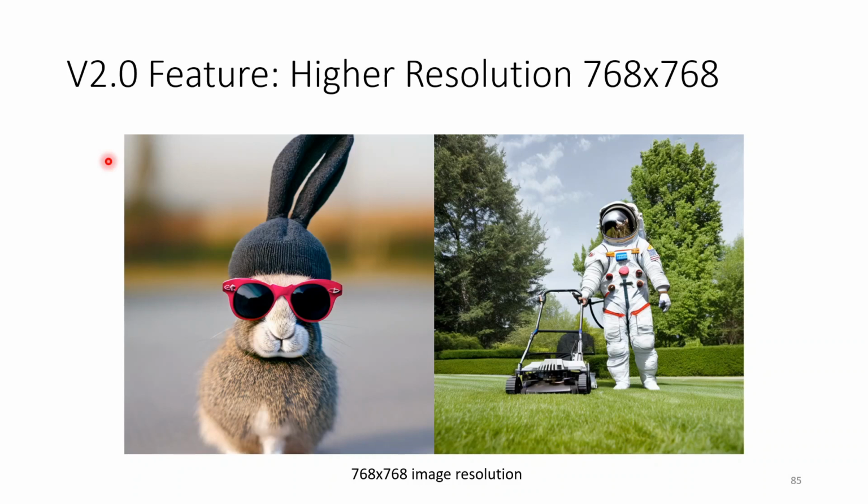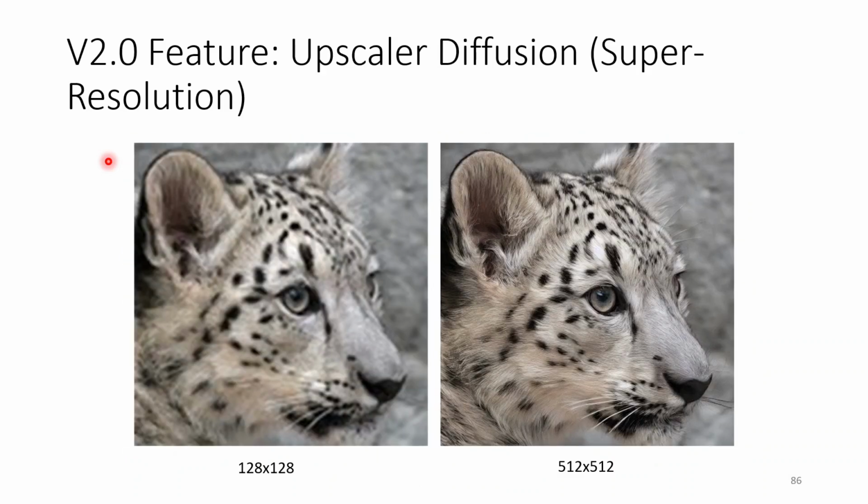First, it can generate a higher resolution. 1.5 only generated a resolution of 512 squared, and now it is 768, which is 1.5 times larger. And also there is an upsampling or super resolution module.